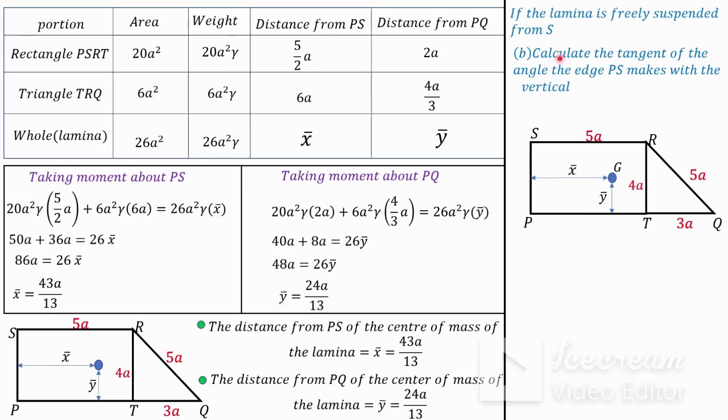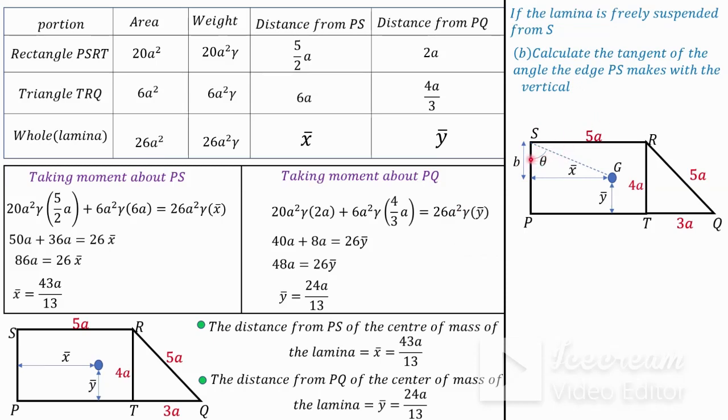We are being asked to calculate the tangent of the angle the HPS makes with the vertical, if the lamina is freely suspended from S. Representing that, we obtain this scenario, where the HPS, which is this line, makes an angle with the vertical.